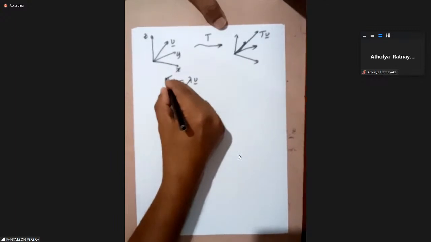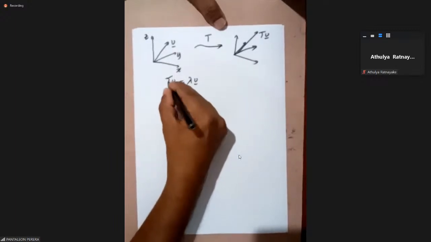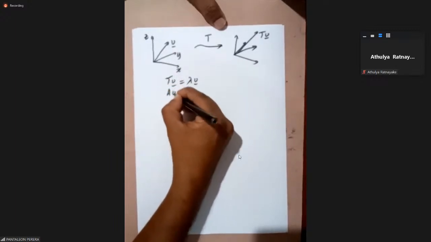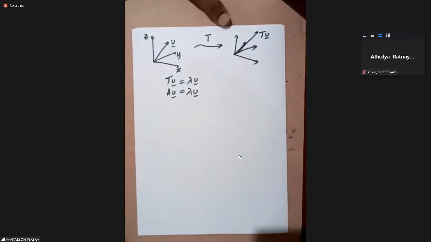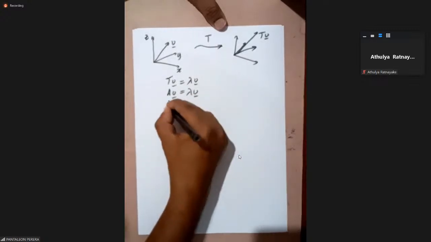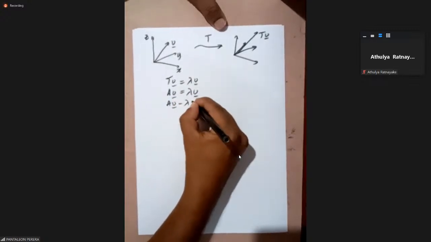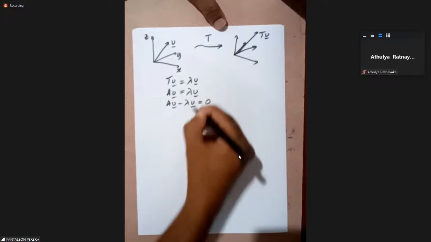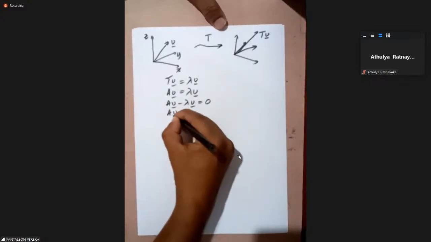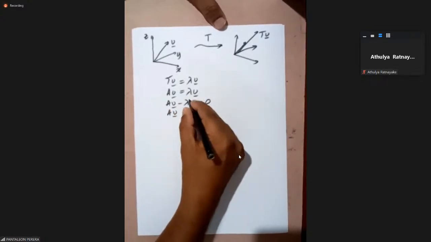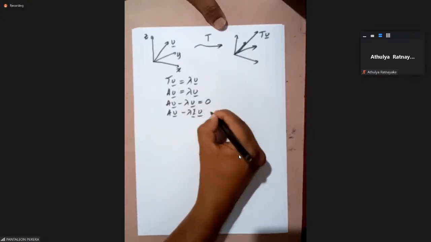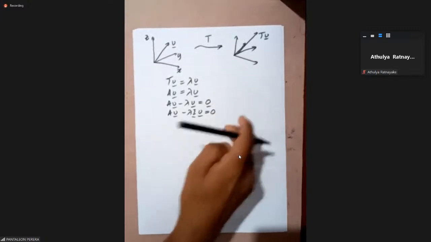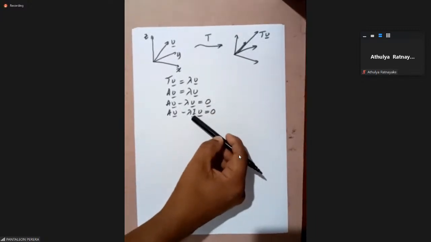But on the other hand, we know that if A is the matrix of transformation, AV equals lambda V. You can bring this down to this side. Now you can insert an I here, because I is the identity matrix.